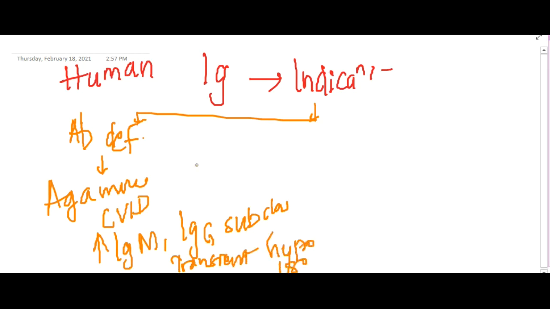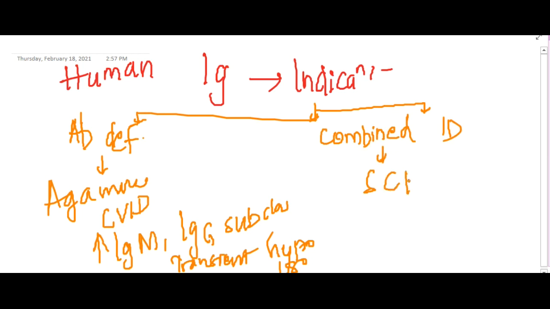Human immunoglobulin is also given in combined immunodeficiencies, which include severe combined immunodeficiency, Wiskott-Aldrich syndrome and ataxia telangiectasia. So these are the indications for human immunoglobulins.